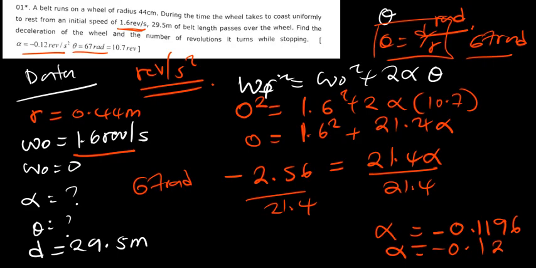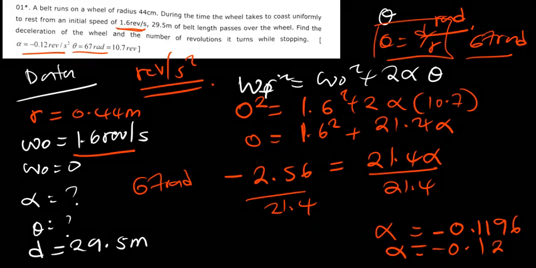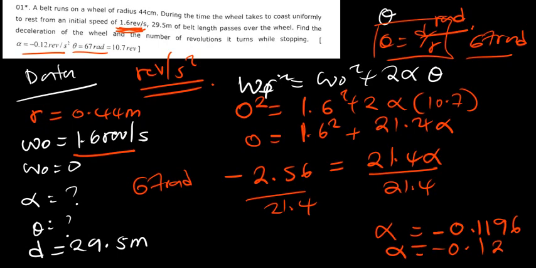When you are finding the velocity, like in this case we are finding the acceleration, the initial speed you have been already given in revolution per second, meaning that even the answer that I'm going to find should be in revolution per second squared. So it depends on the data that we have been given.